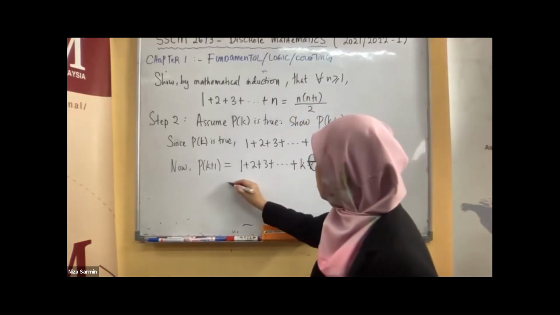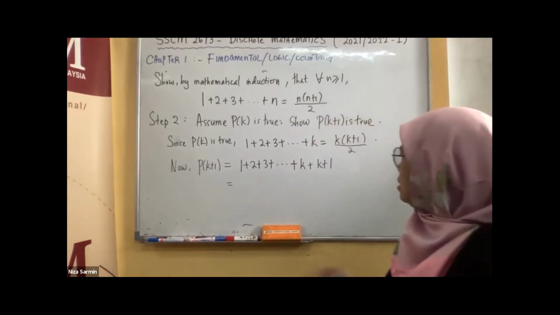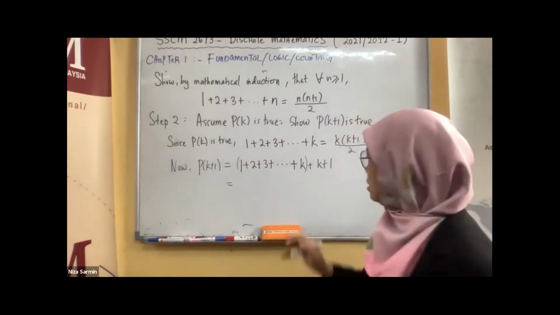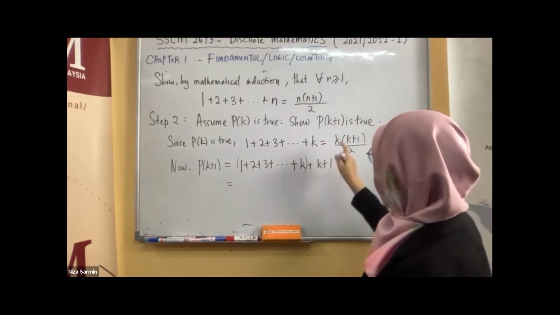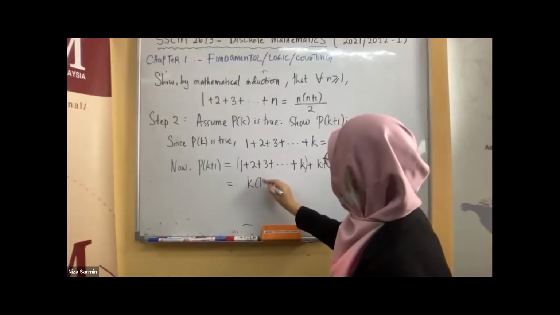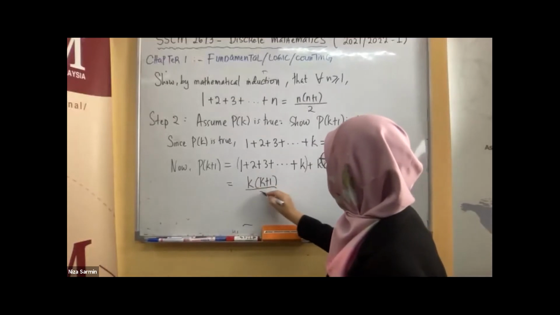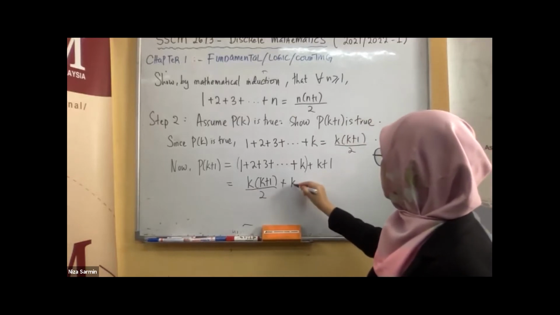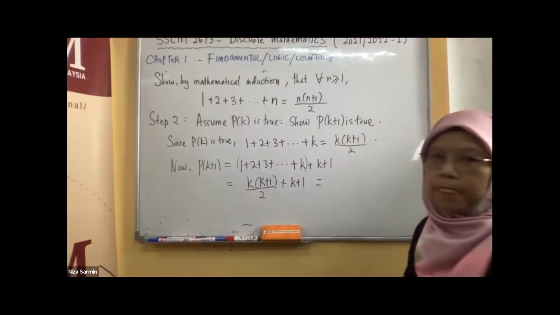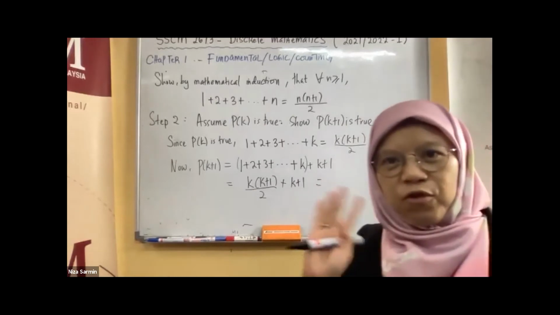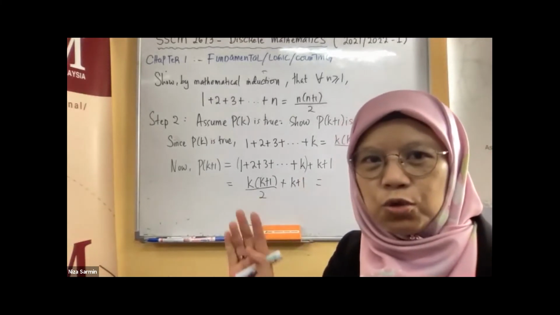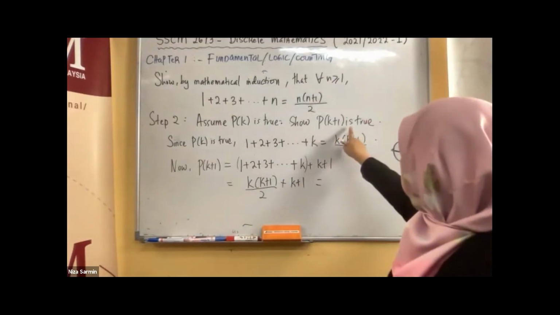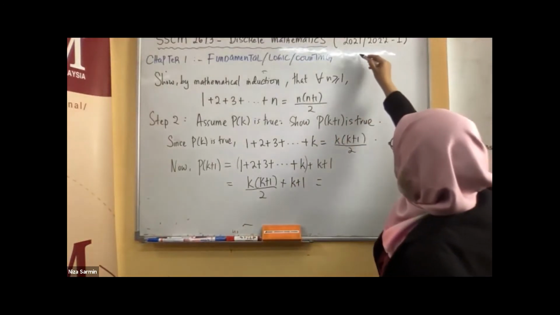Then I put, this part is by assumption, so you just replace. And then this part. In the back of your mind, on scratch paper, you know that you have to show this is true. This is scratch paper.